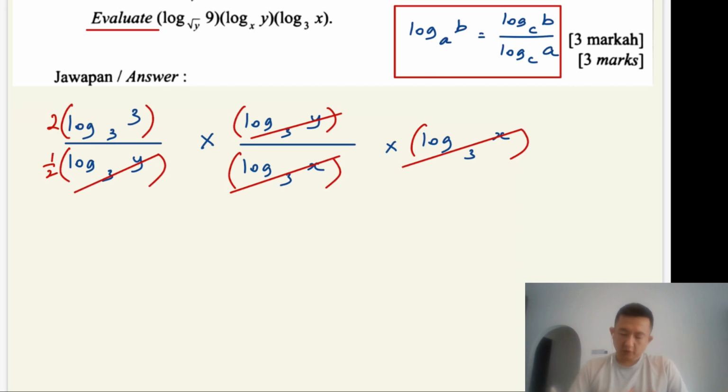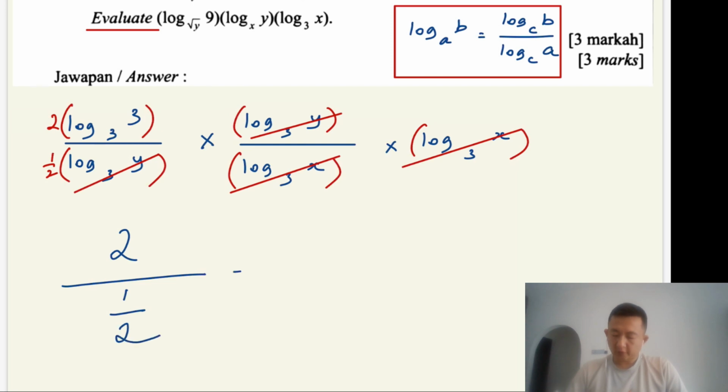How about here? Log 3 of 3 is the same as 1, so you have 2 times 1, so it is still 2. Here, just 1 over 2. So 2 over 1 over 2, that will be just 4. So the final answer is 4.